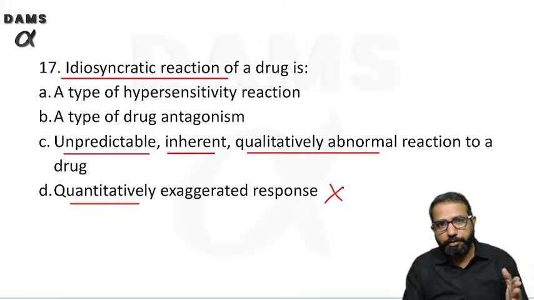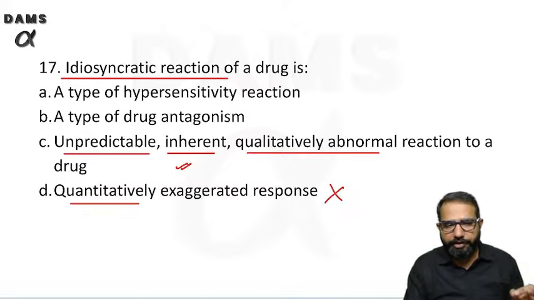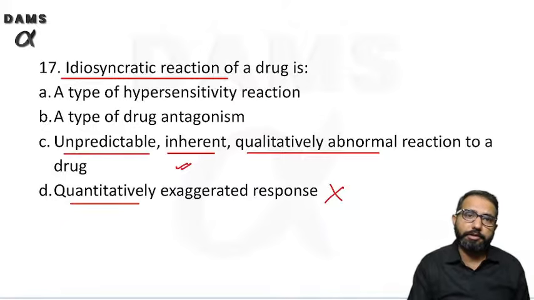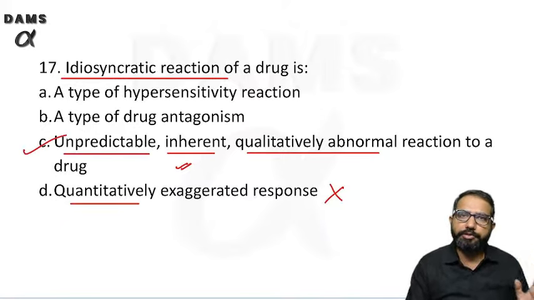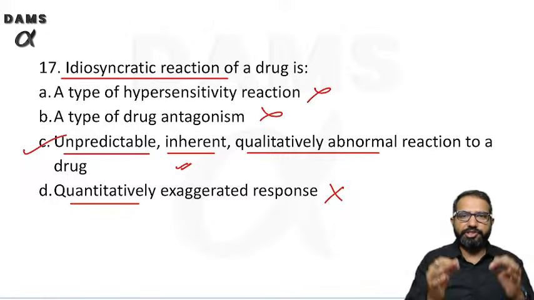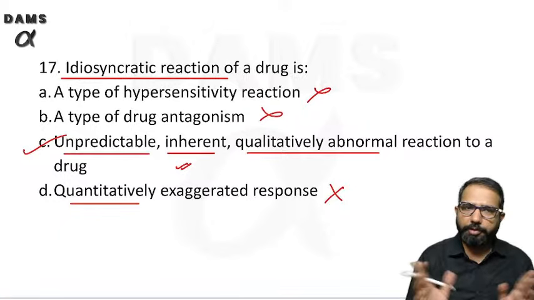Inherent means gene related. Some people who have a different gene get a different response to a drug, and this is called idiosyncrasy. It is not a type of drug antagonism or allergy. It is a gene related abnormal response to a drug, not depending on the dose.